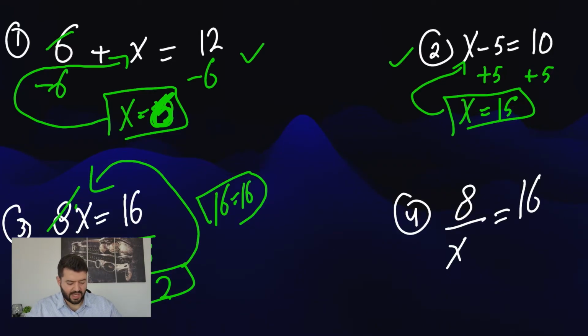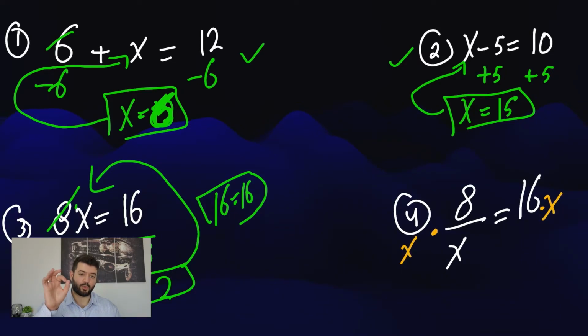Now, the same thing that we have learned so far, we are going to try to keep x by itself. How can I do so since x is at the bottom? I'm going to multiply both sides by x. I'm putting a dot here to show that it's multiplied, instead of writing x multiplied by x, which might be confusing to some students.